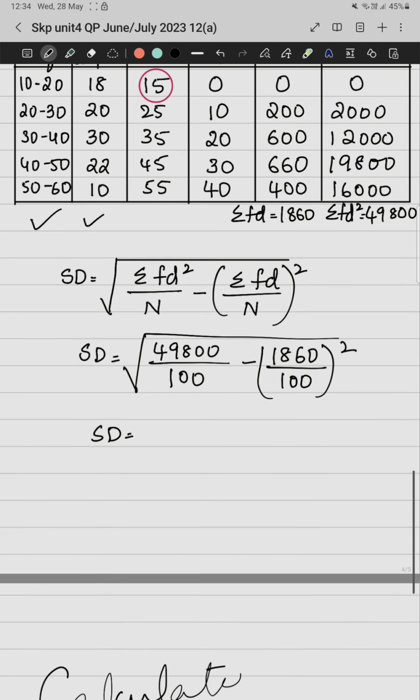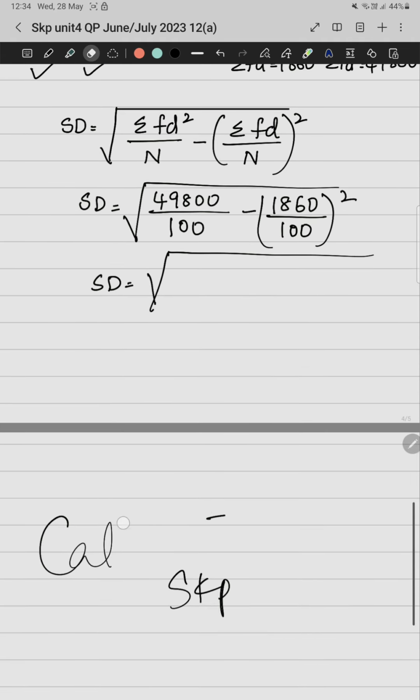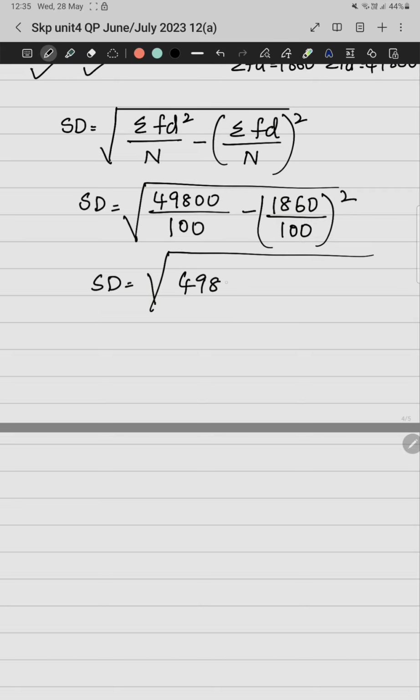So under root, this becomes 498, minus 186 divided by 100 is 18.6, whole square.